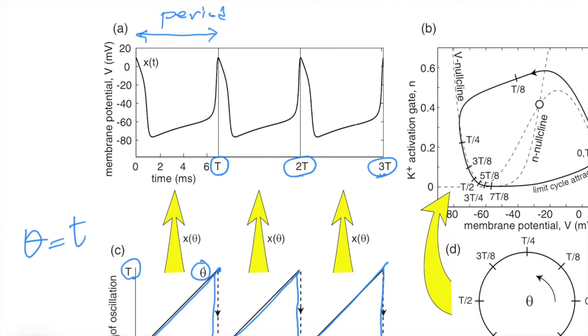This is the understanding of oscillation, right? Because oscillation means that there is a period, and the state of the system comes back to its starting point, or starting state, and there's a periodic trajectory there.